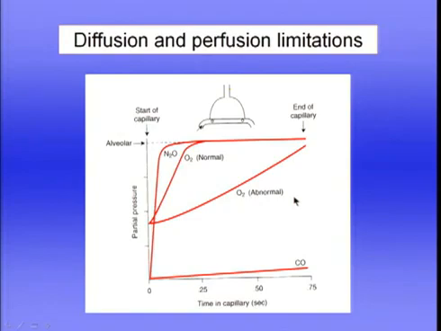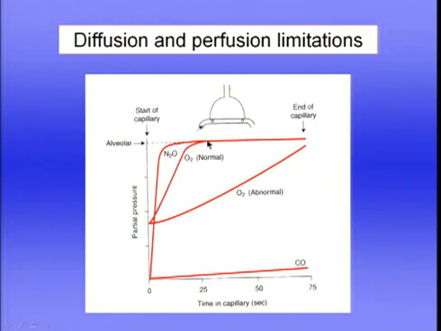Okay, now what about oxygen? That's the important one. Well, let's take a preliminary look here. We're going to look in more detail in a moment. But oxygen is different because, for one thing, there is a partial pressure of oxygen in the mixed venous blood coming into the lung. And what you find is that if you calculate the rate of rise of the PO2 in the blood as it loads oxygen along the capillary, you find that under normal conditions the PO2 rises quite rapidly.